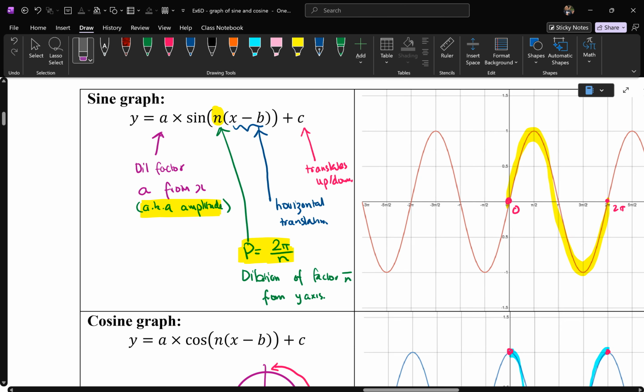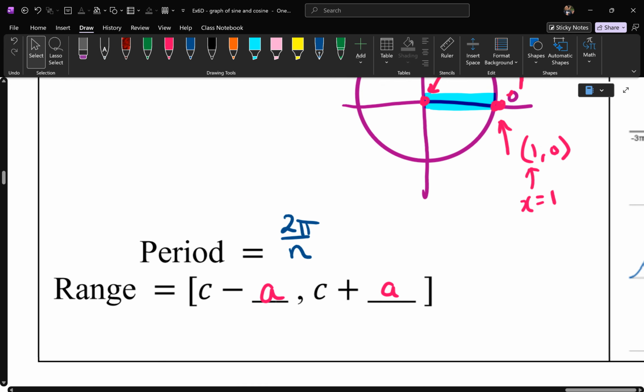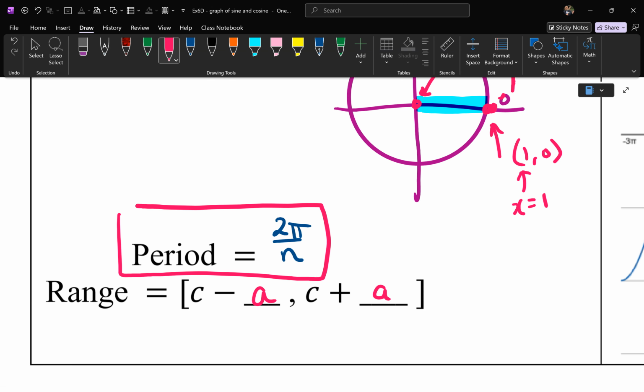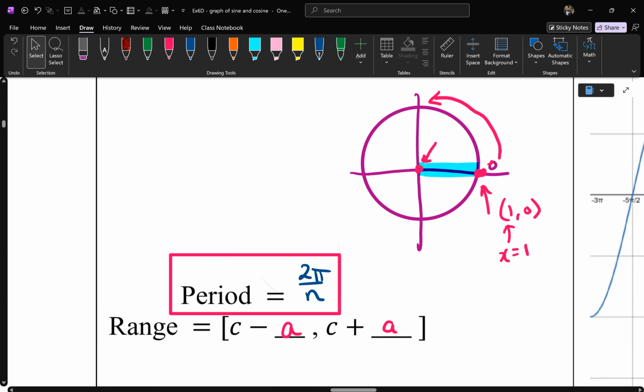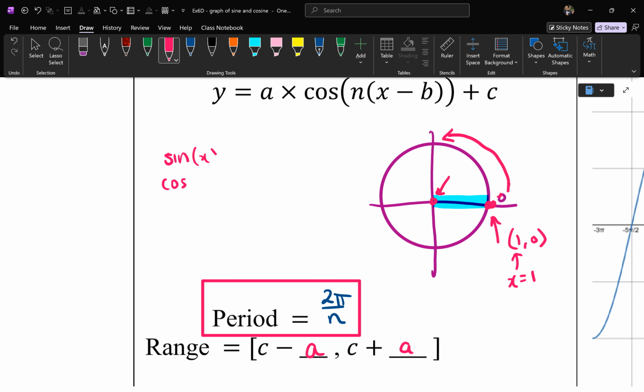Now, if you had to take something out of these two, period, you need to know the formula to find a period for sine and cosine. I'm going to summarize it for you. Sine, cosine, you need to know the period, 2 pi on n.